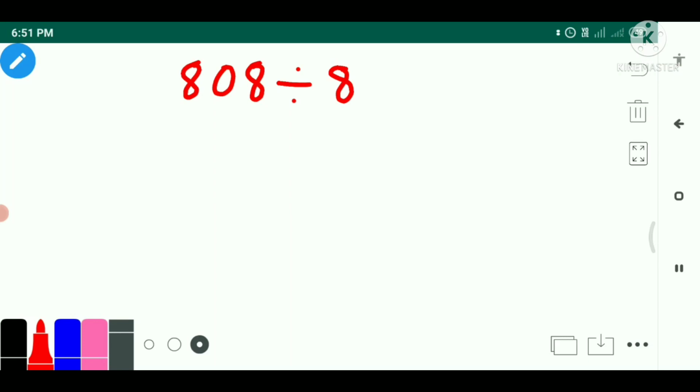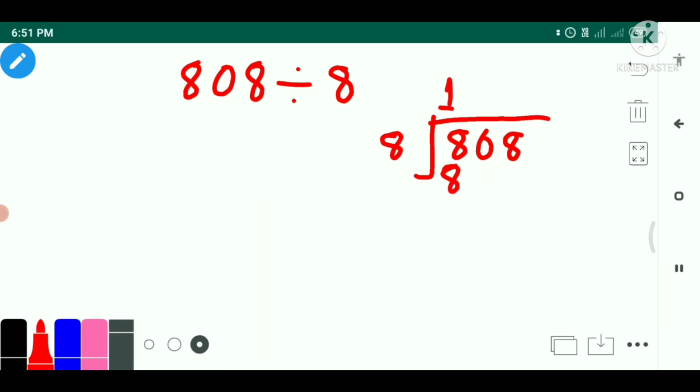So first of all we'll make a box, we'll write our dividend and our divisor, right? Now our divisor and the value that is in 100 place are same, right? So in that case we will not take 2 digits together. Okay, we will not take 2 digits, we only take the digit, or I can say take the 100 place value. So now 8 1s are 8, we know this one, right?